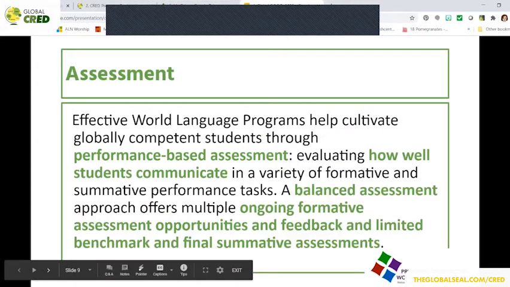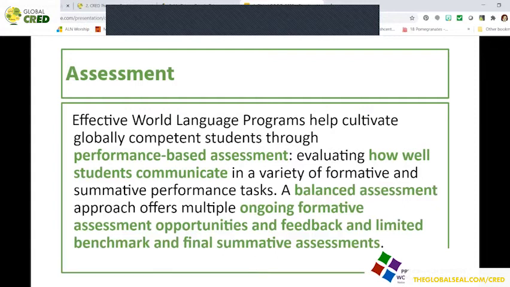All right, so assessment. This is the emerald as far as our jewels and the facets that we're looking at. Here's the principle behind assessment. Effective world language programs help cultivate globally competent students through performance-based assessment, evaluating how well students communicate in a variety of formative and summative performance tasks.